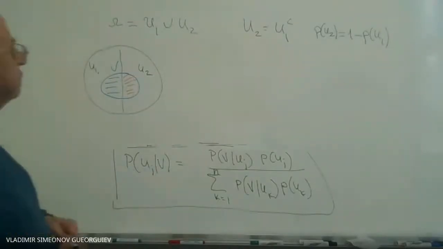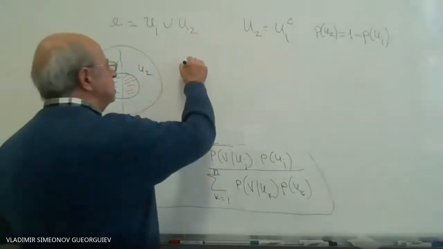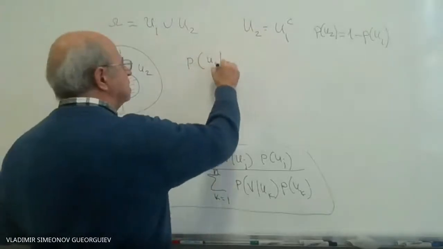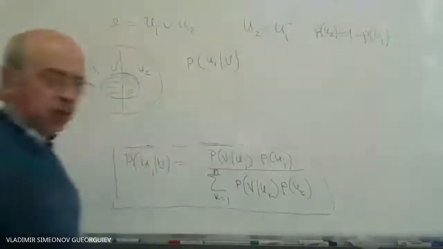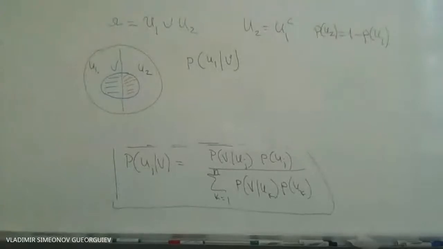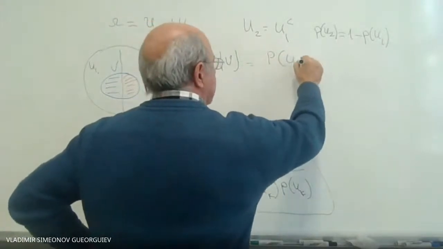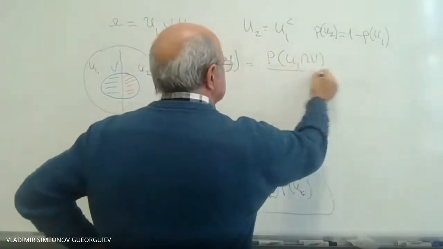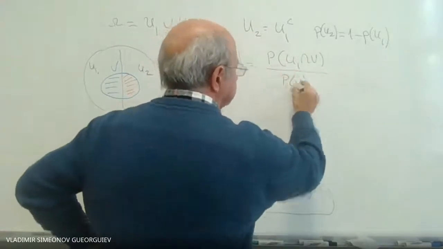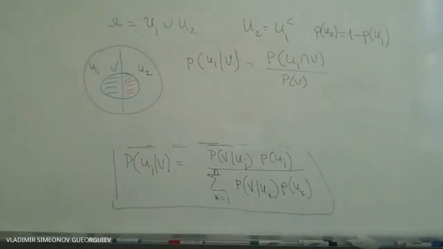Let us, for example, compute P of U1 given V. What was the definition? According to our definition, this was the probability of U1 intersected with V divided by P of V. This was our definition.